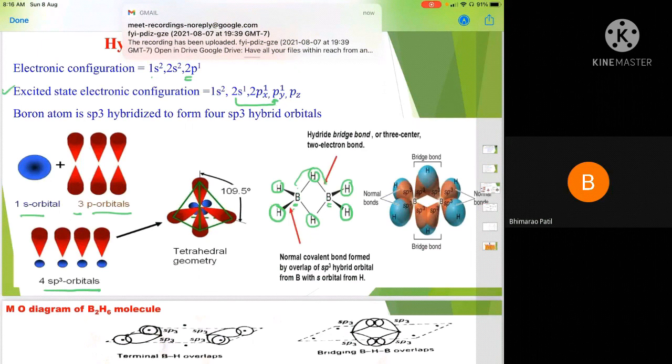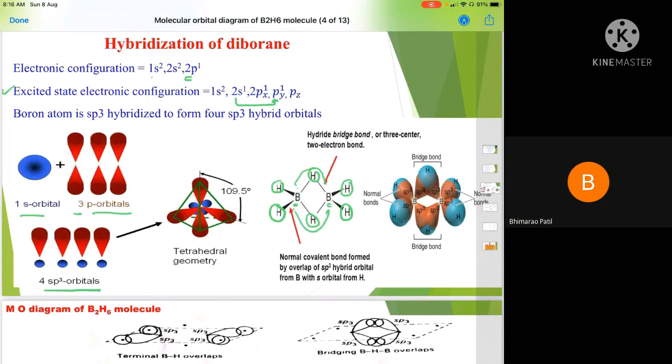Similarly, another bridging bond is formed by overlapping of the sp3 hybrid orbital of one boron atom with the 1s atomic orbital of a hydrogen atom and the sp3 hybrid orbital of the other boron atom to form the other bridging bond, and therefore that bond is a 3 center 2 electron bond, and that can be shown in this diagram.